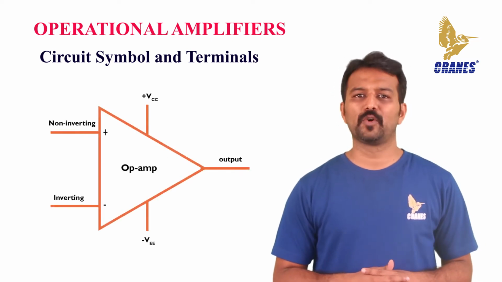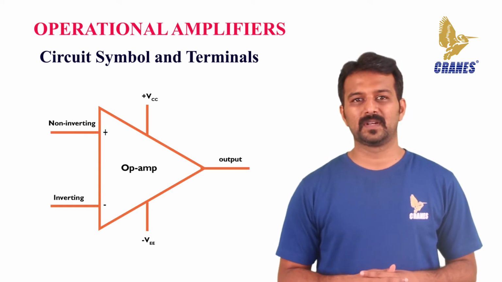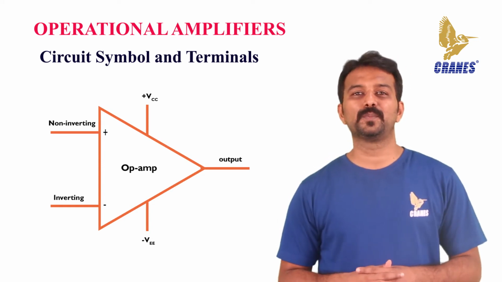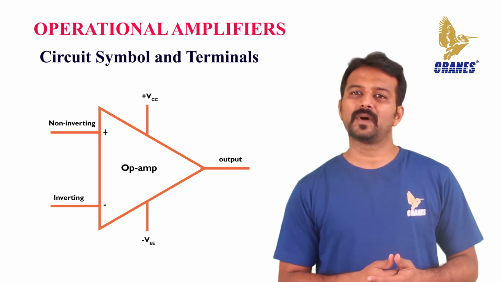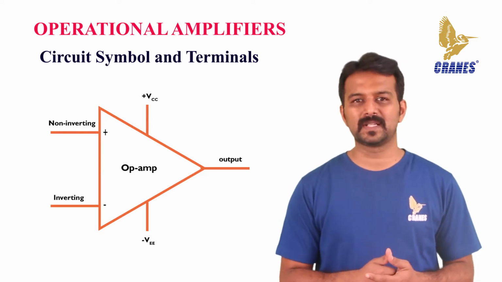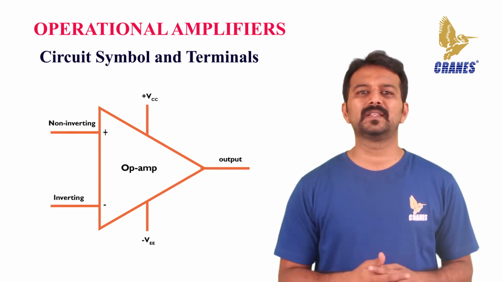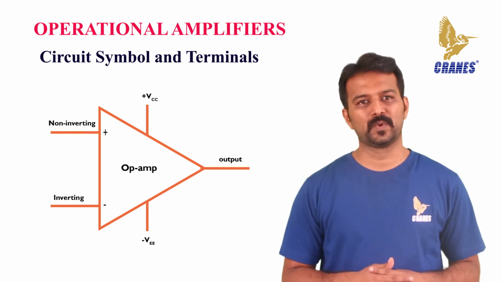In the circuit symbol of an op-amp, there are two input terminals and one output terminal, and there are two power supply terminals. These are plus and minus supply voltages, that is plus VCC and minus VEE, and typically these values range from plus or minus 5 to plus or minus 22 volts.